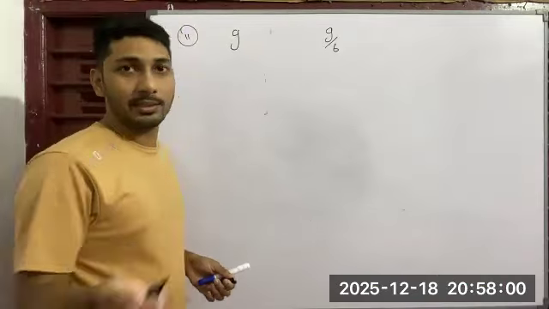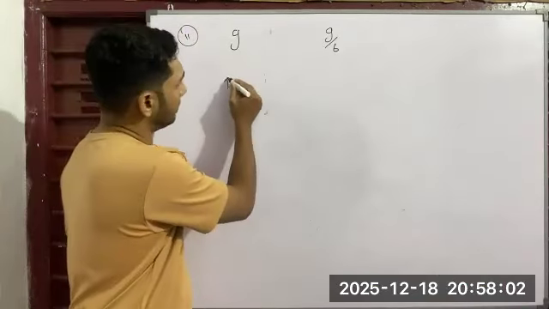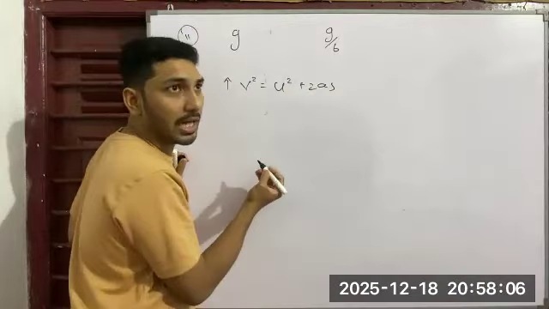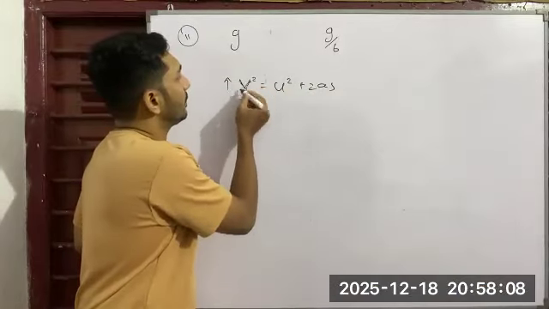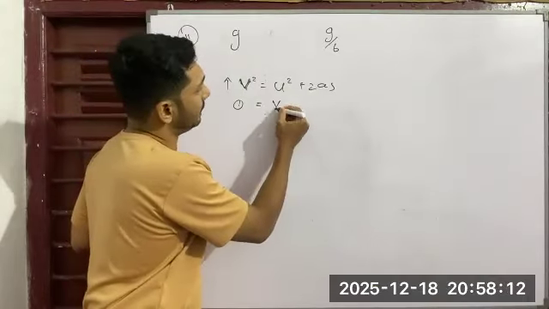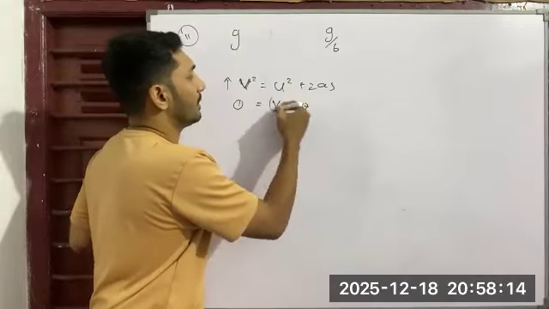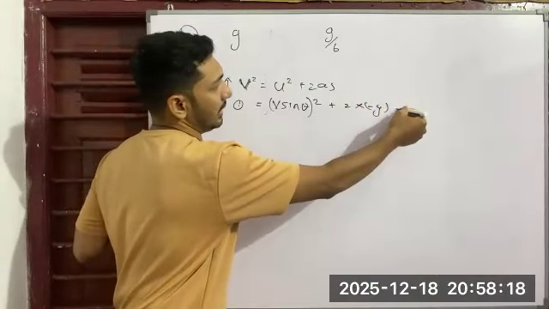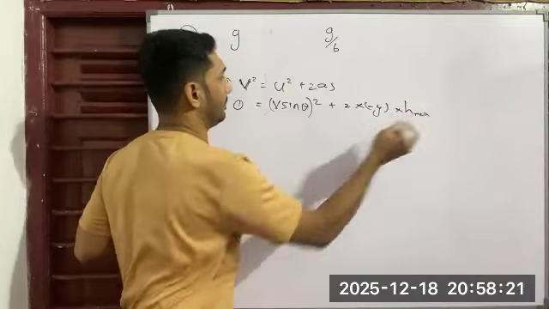So because of this, when you calculate the maximum height using the equation v squared equals u squared plus 2as, in projectile motion the final velocity vertically is 0, the initial velocity is v sin theta, and a will be minus g, with s being h maximum.